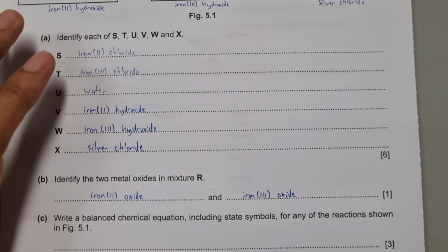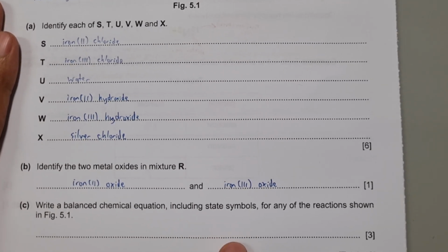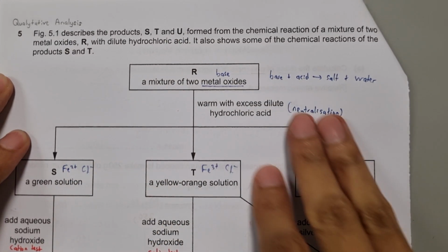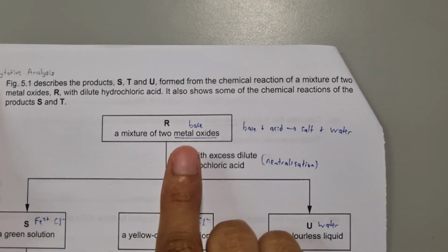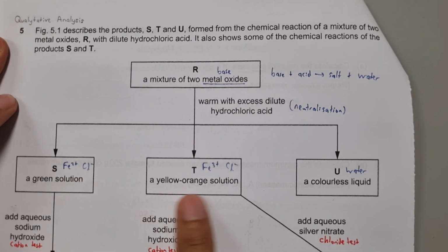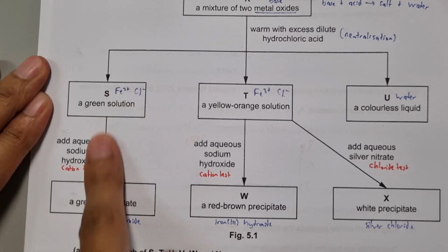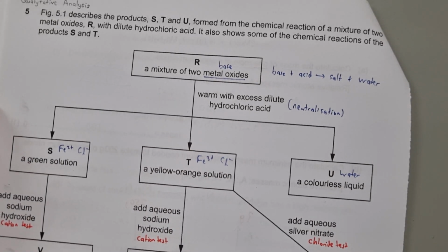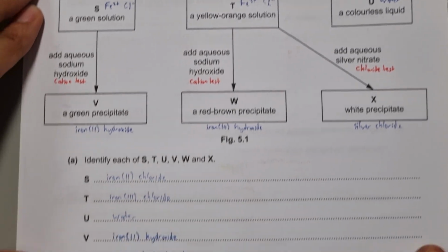Write a balanced chemical equation including state symbols for any of the reactions shown. There's quite a lot of reactions here. You can do the neutralization reaction. You can do the precipitation reactions. I think I'll just do a few examples.